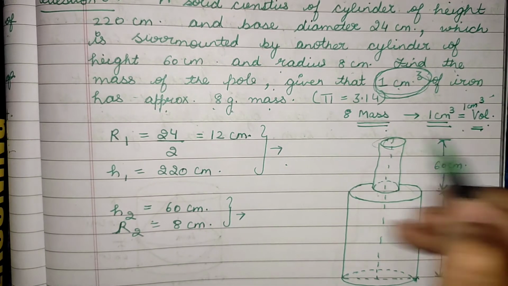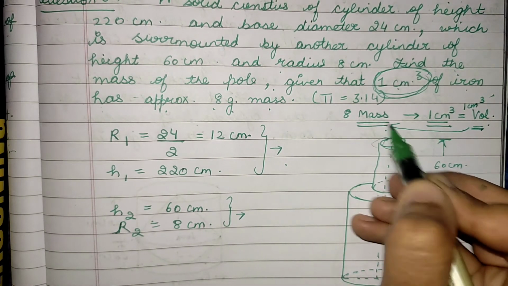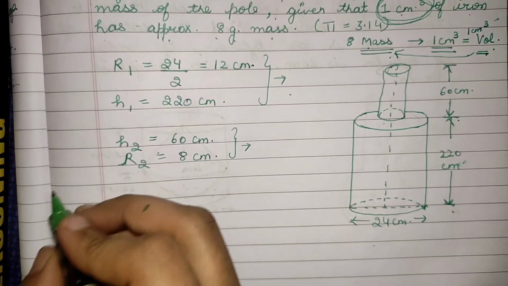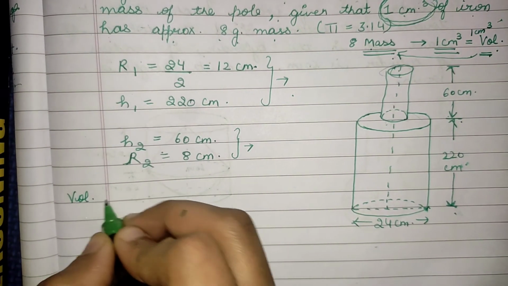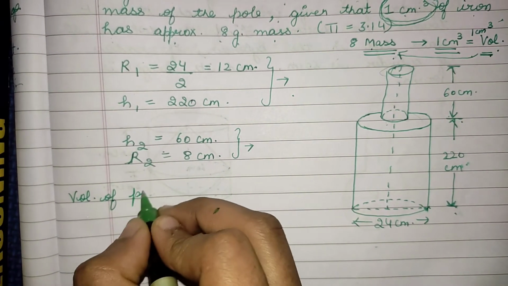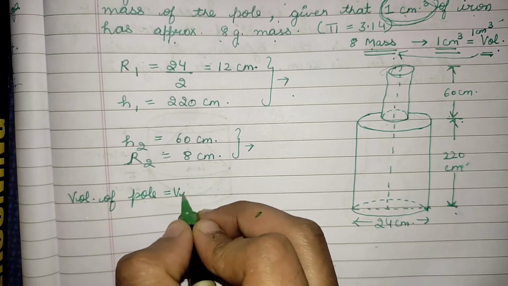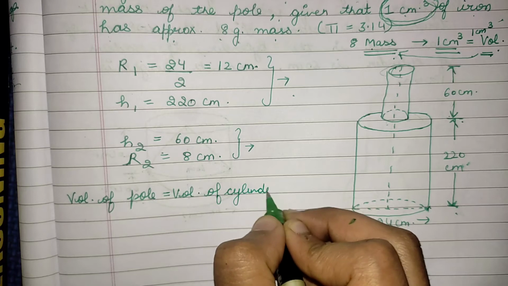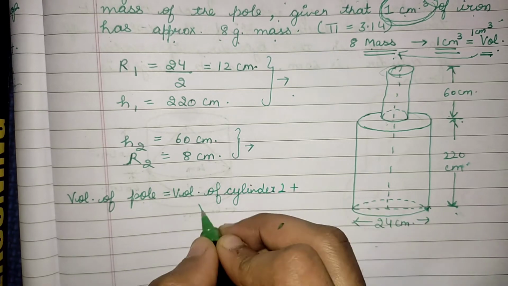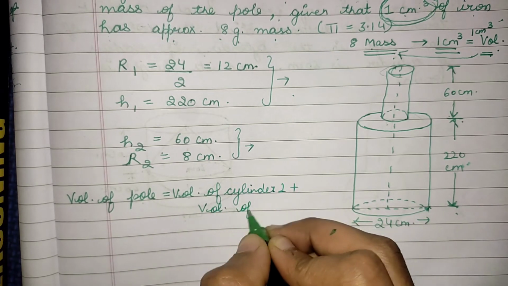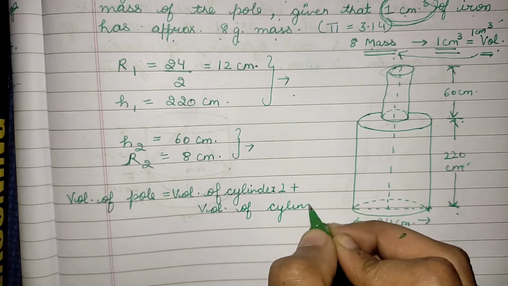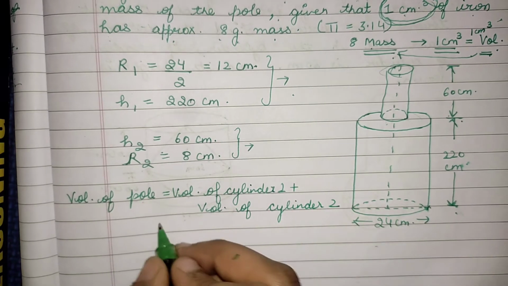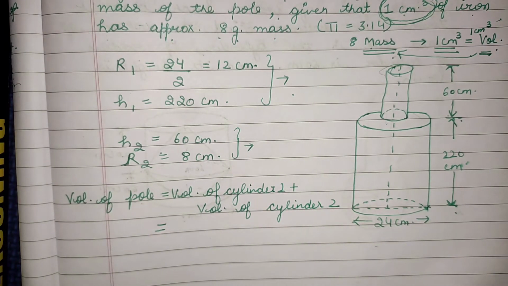So if we know the volume, then we can easily find the mass of the figure. So our main aim is to find the volume of the pole, which is equal to the volume of cylinder 1 plus the volume of cylinder 2. Now I only have to put the values in the formula and I will get my answer.